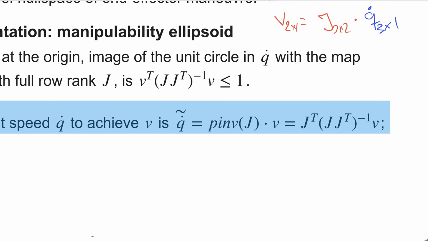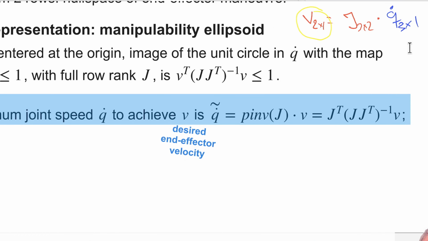Then, if I wish to have some prefixed end-effector velocity, I have an infinite number of solutions to this system of 2 equations with 3 unknowns. Then the minimum norm solution, the least square solution, is given by this pseudo-inverse of the Jacobian times the desired velocity. Desired velocity, well, we want, let's say, maximum velocity.